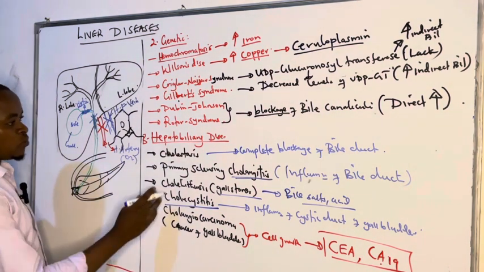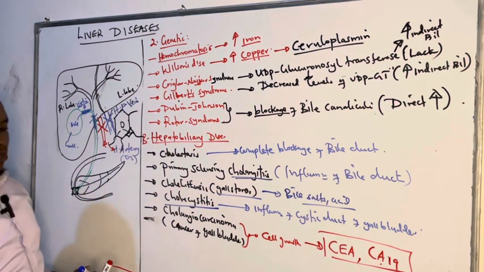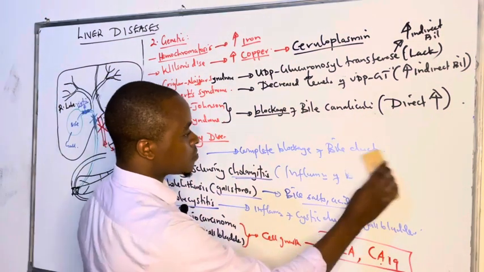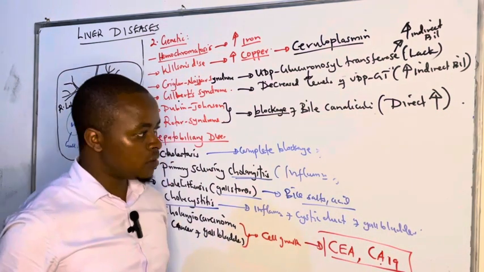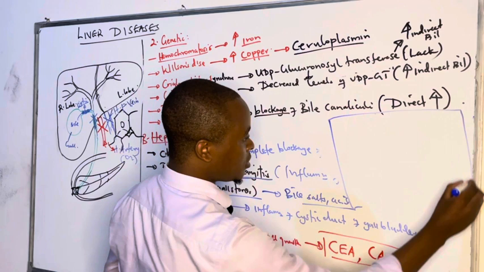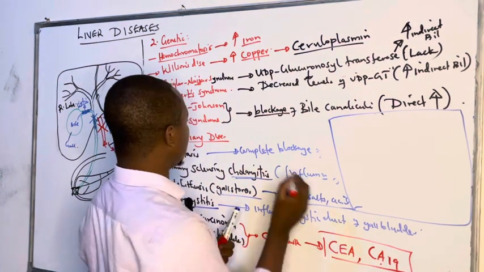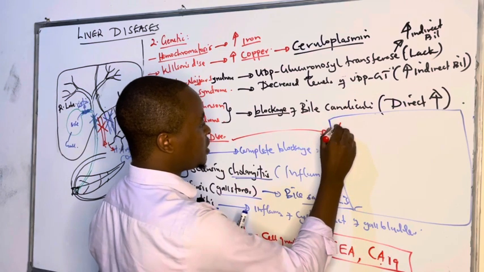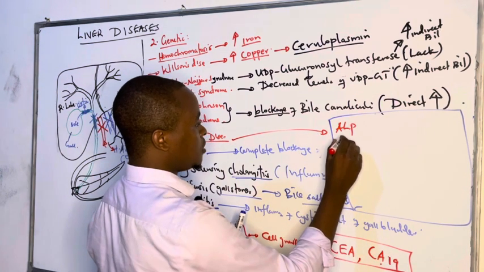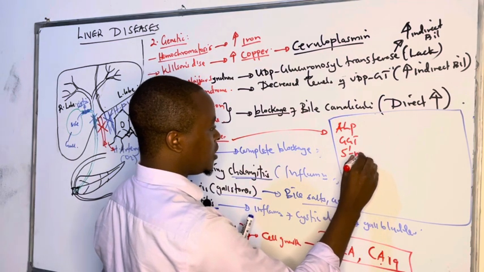And as I conclude the hepatobiliary diseases or conditions, in the laboratory we can always diagnose these diseases. Whenever there is any biliary obstruction, the doctors can request for these tests: ALP, GGT, and 5' nucleotidase.